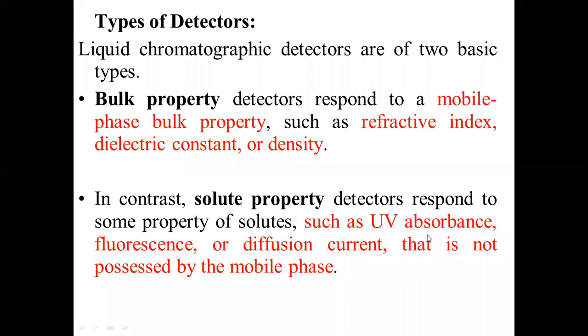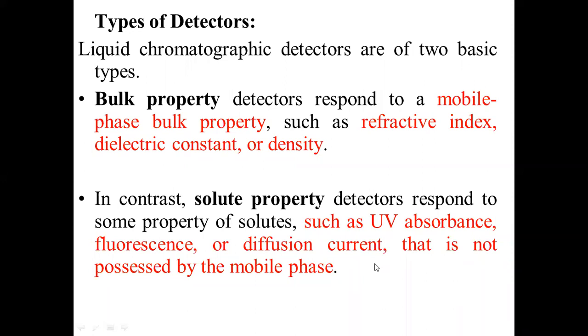So those solute properties will be measured by means of UV absorption detectors. Fluorescent detectors are most suitable to measure the fluorescent intensity once the compound undergoes fluorescent excitation to emit light radiation. What is the intensity of the light radiation? That is going to be the characteristic one. And similarly, the diffusion current is also going to be measured.